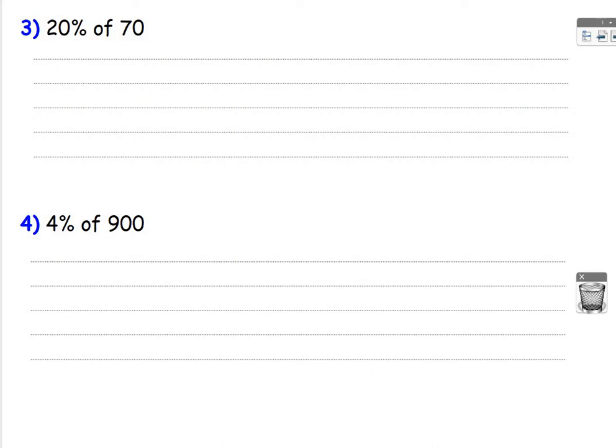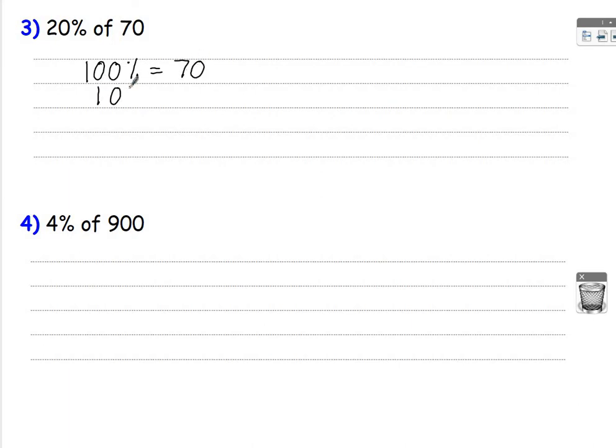Looking at question 3, to find 20% of 70. So think, we need to use 10% and 1%. Which one of these is going to help us to find 20%? Well, I know that 20% is 2 lots of 10%. So the 10% is going to help me here. So again, always start off by writing down that 100% is 70.